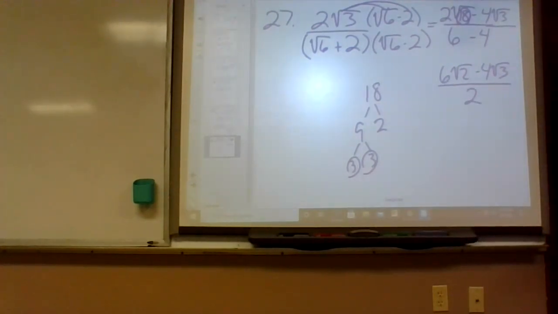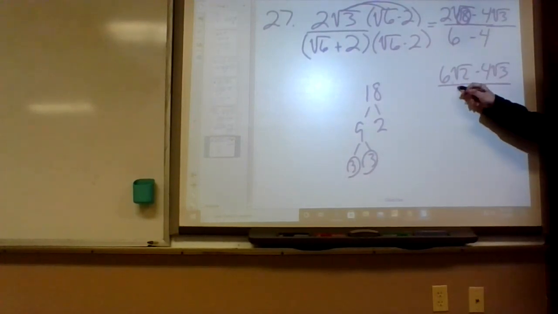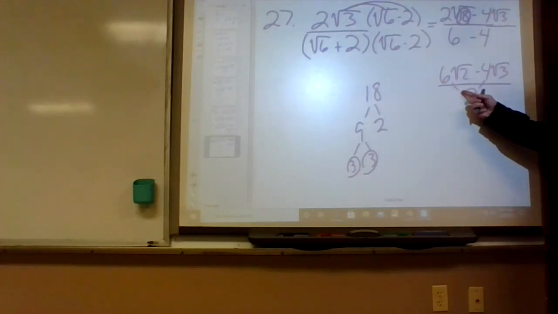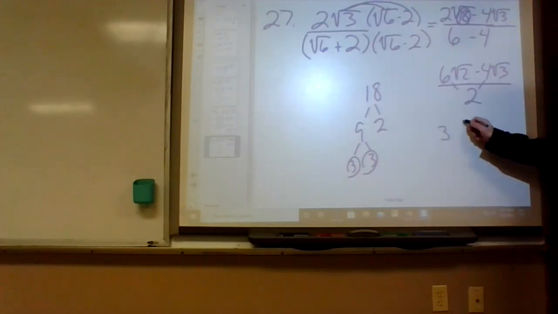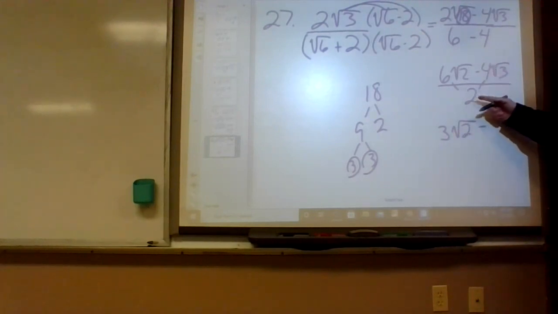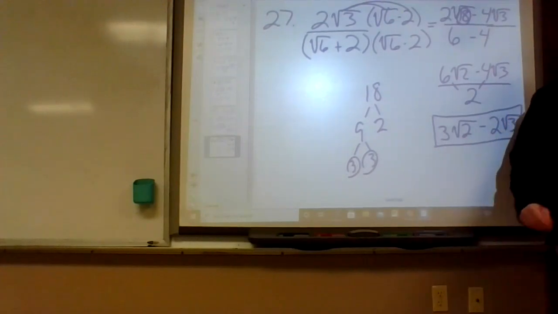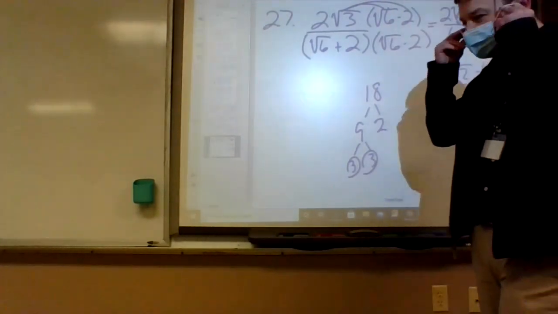Yes. Both of these, and it has to work on both of them, are divisible by 2. So we can reduce that. 6 divided by 2 is 3. 4 divided by 2 is 2. 3 square root of 2 minus 2 square root of 3. The end. Happy day.